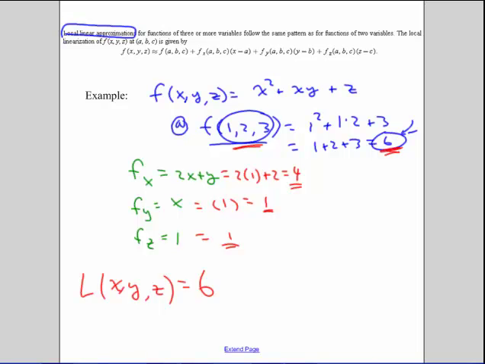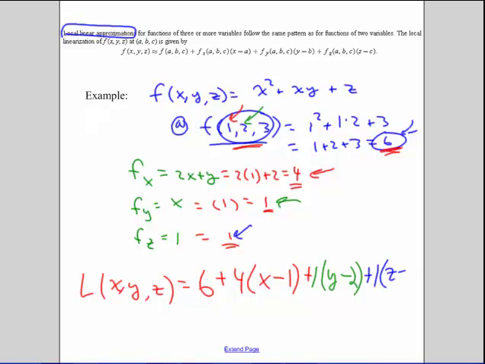That's my f of 1, 2, 3 point, plus 4 coming from here, x minus 1, plus 1, y minus 2, plus 1, z minus 3. So there is my local linearization.